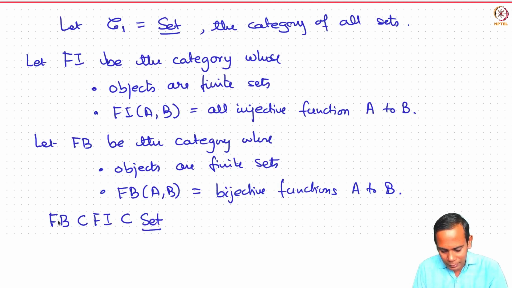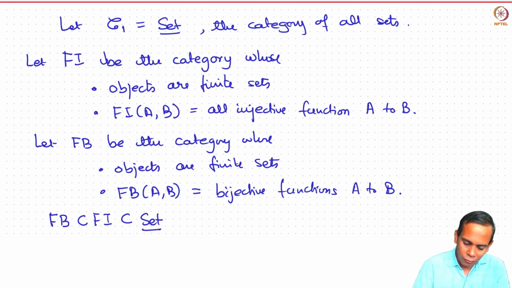But in this containment the collection of objects here is the same as the collection of objects here. What we have changed are the arrows. So in the definition of a category, it's not just important what the objects are, it is equally important what the arrows are.